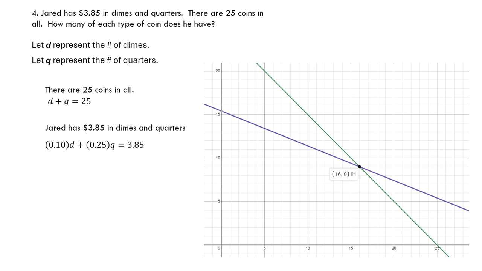Once again, when these are graphed, we could see that we would have a total of 16 dimes and 9 quarters. And you can check your answer. 16 dimes would add up to $1.60. 9 quarters would add up to $2.25. Add these two together, giving us a result of $3.85.